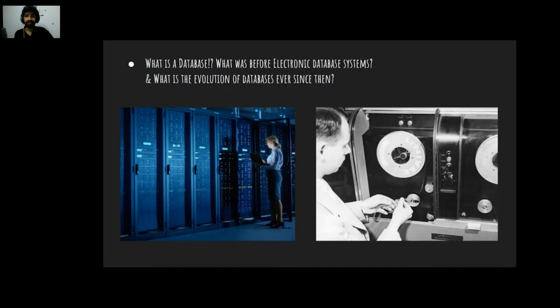And then in the 1970s, there was the time of relational databases. The development of relational database systems in the 1970s marked a major shift in database technology. These systems were based on the relational model, which organizes data in tables and uses a standardized language called SQL to query and manipulate the data.